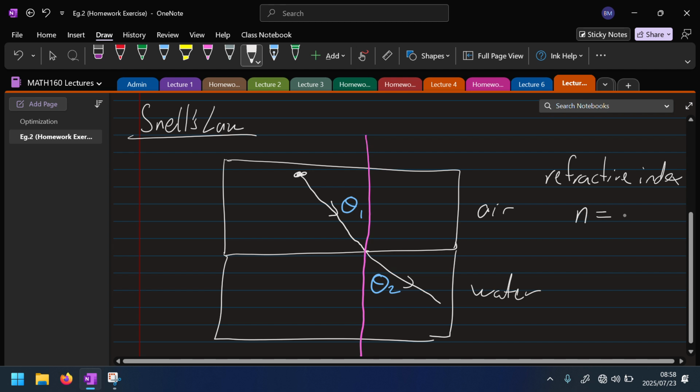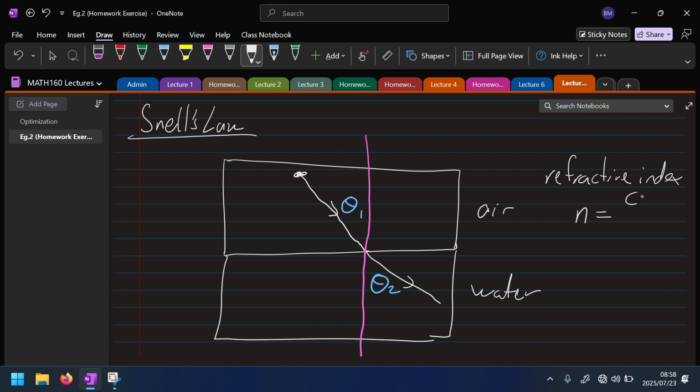This is given by n, okay, some number, and it is the ratio of the speed of light, c, so that is just the speed of light as is, not traveling through something, divided by the speed of the light inside whatever the medium is. So inside air, there's going to be some refractive index because the light will have some certain speed. And then inside water, it will have a slower speed. Okay. So that is the refractive index, and it depends on the material that the light's going through.